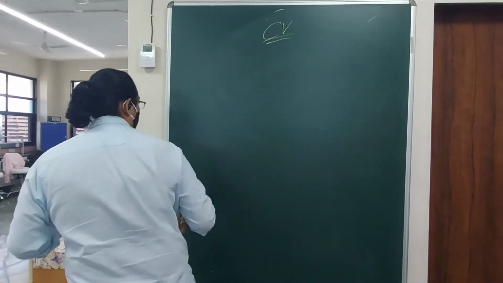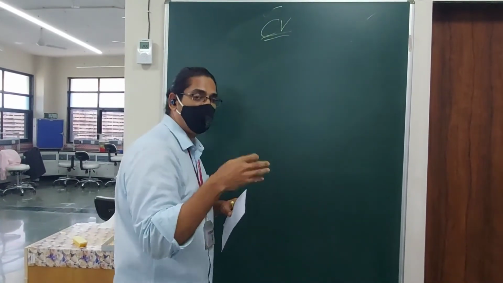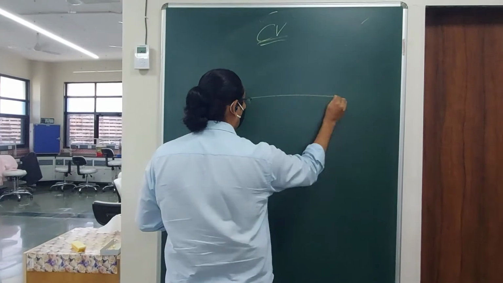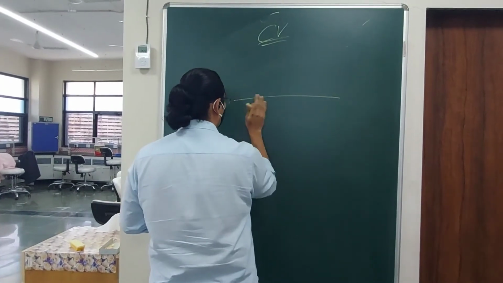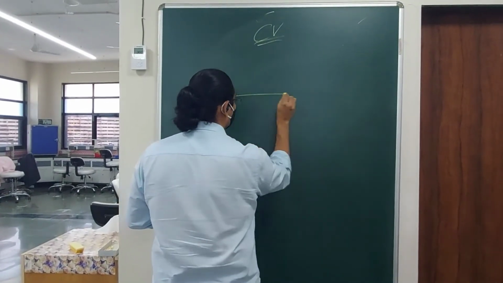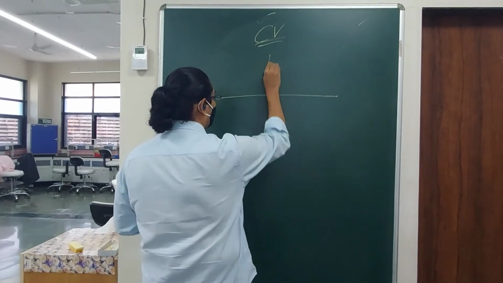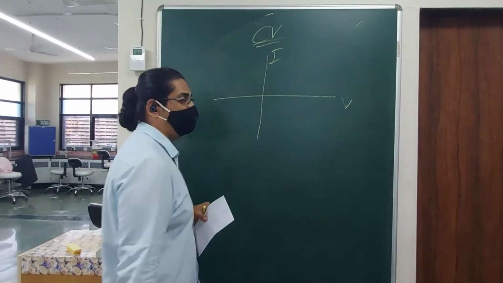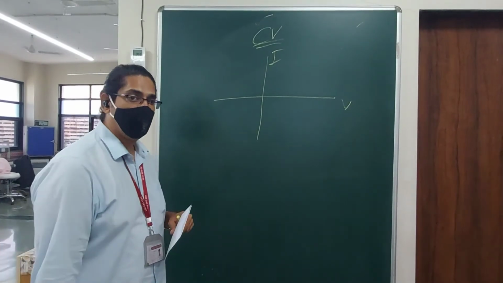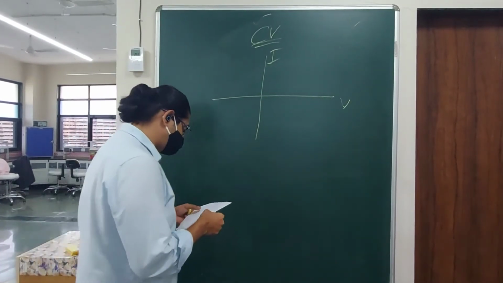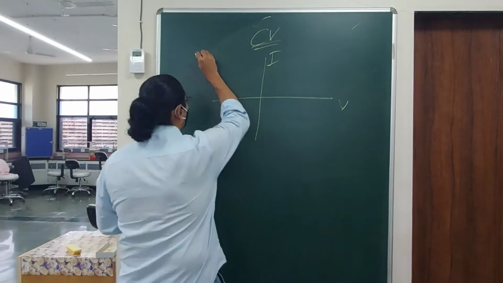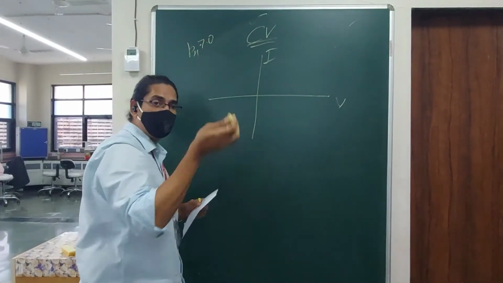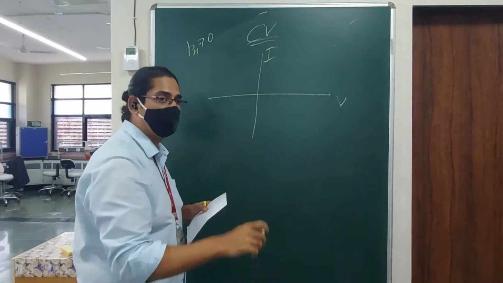First of all, what kind of electrode can be a working electrode? If again we have the x-axis as the voltage and the y-axis as the current, and we are working at pH 7.0, all our solutions will be made in water, so at neutral pH.